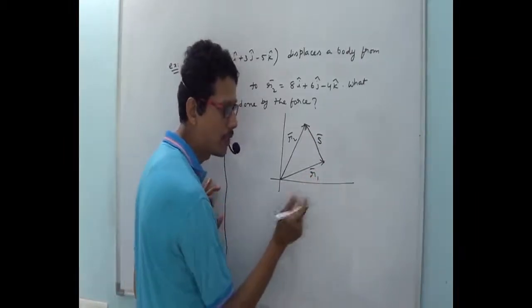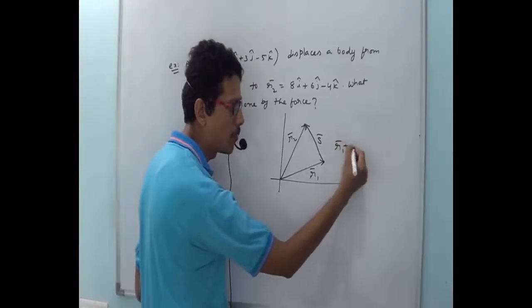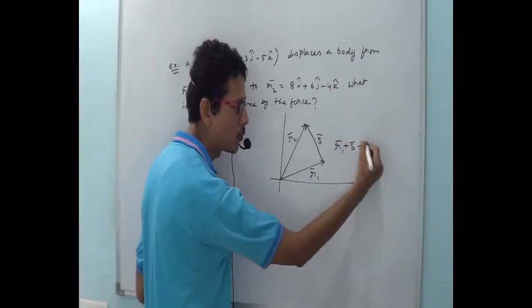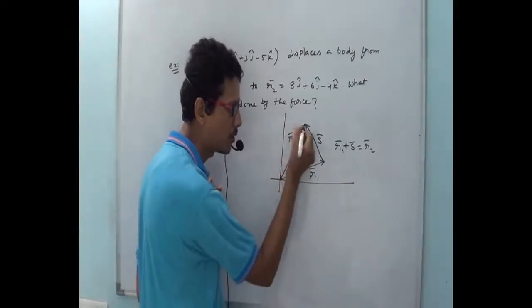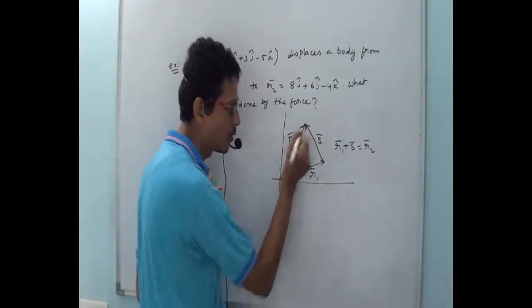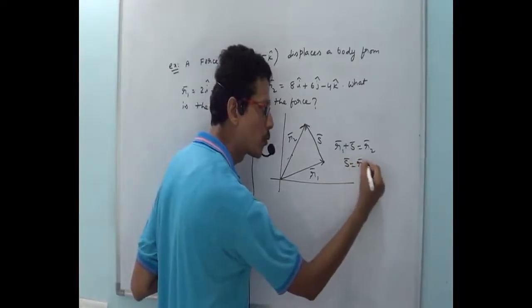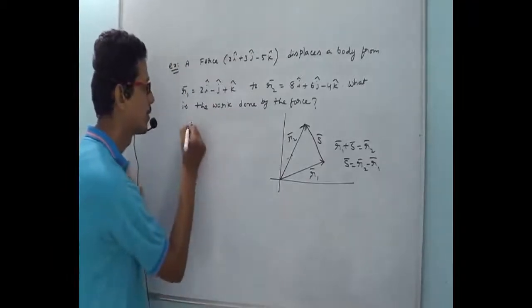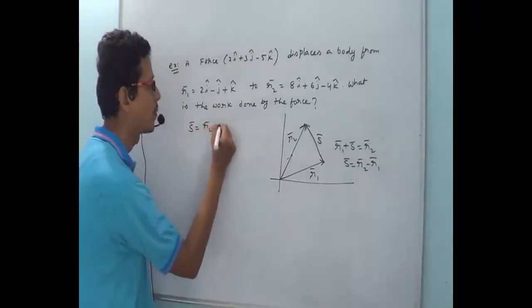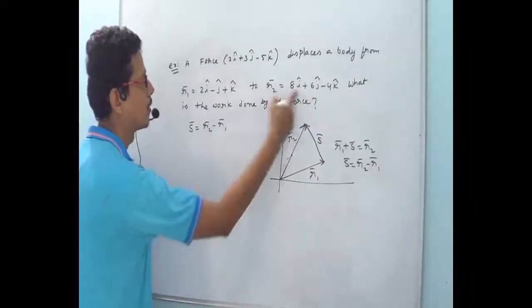According to the triangle law of vectors, if you add these two vectors, R1 bar plus S bar is nothing but R2 bar, na? This is the closing side of the triangle taken in the reverse order. And what is S bar? S bar is nothing but R2 bar minus R1 bar. First I will calculate S bar. S bar is R2 bar minus R1 bar. I have to subtract these two.